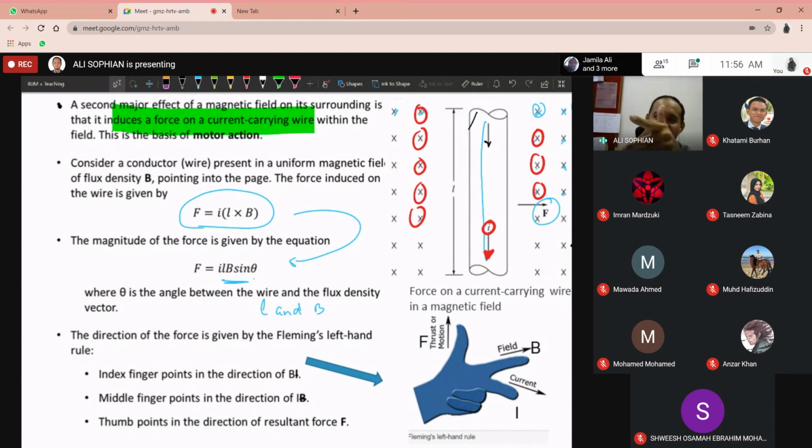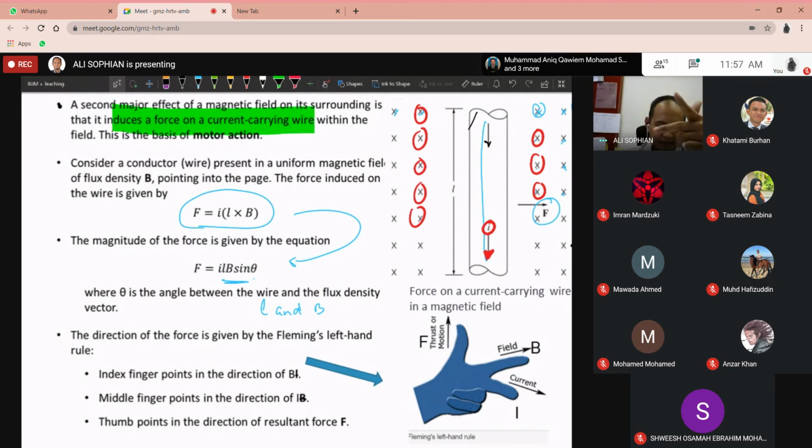So we start from the top, then down and down. Thumb is F, the pointer finger is B, and the middle finger is I. F is the force, B is the magnetic field density, and I is the current, the direction of current.